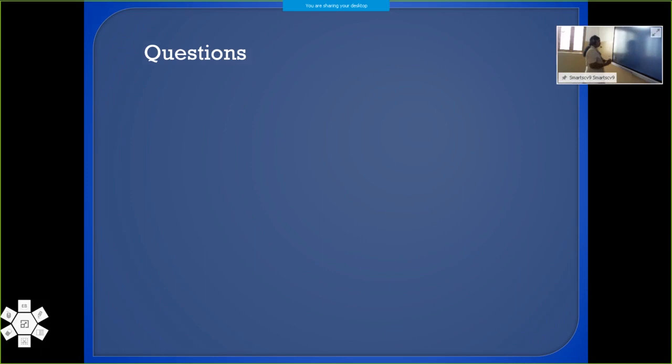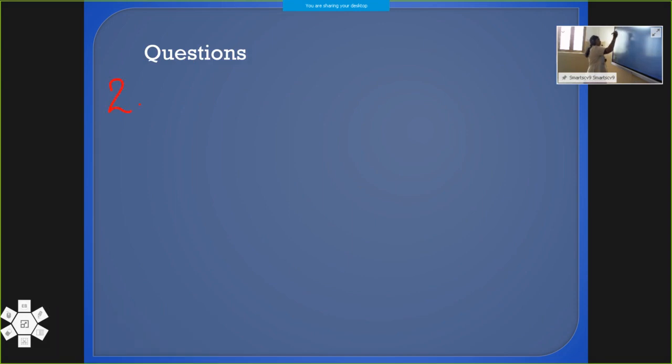Then one more question. You have to draw another distance-time graph like this with the origin, showing the motion of an object A, the motion of an object B, and the motion of another object C. The question is: which moves faster, and why?